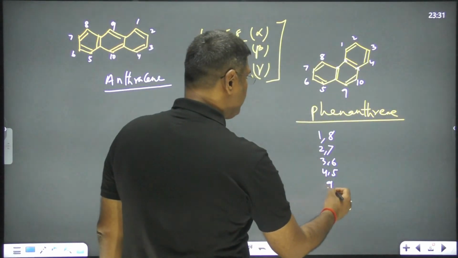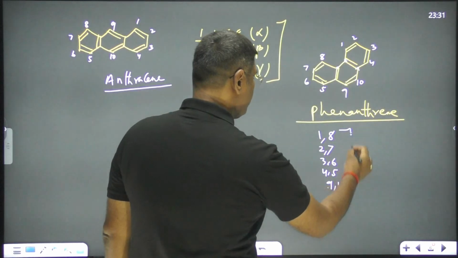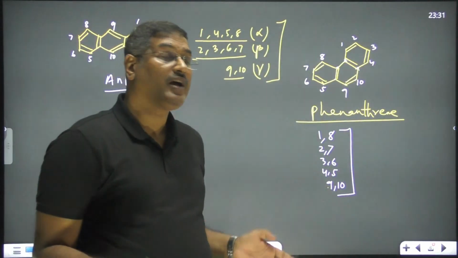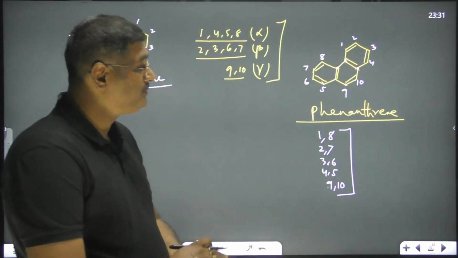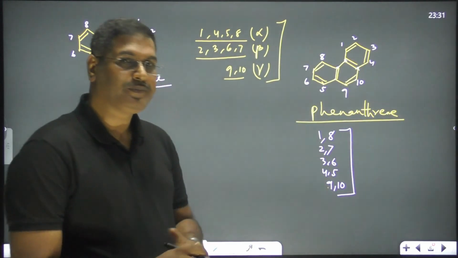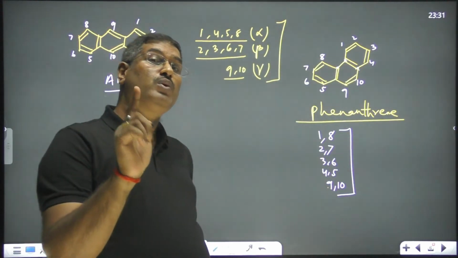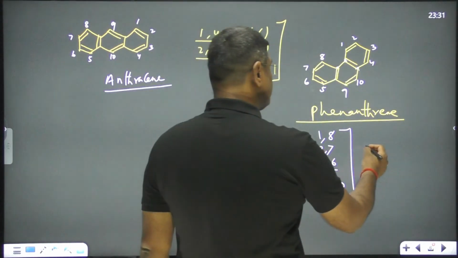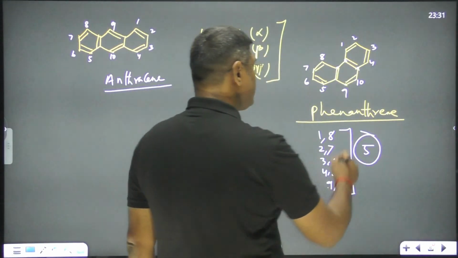And 9 and 10, these are equivalent. How many sets of equivalent sites do we have in the case of phenanthrene? 1, 2, 3, 4, 5. So for the mono-substituted phenanthrene, 5 position isomers. That's the answer.